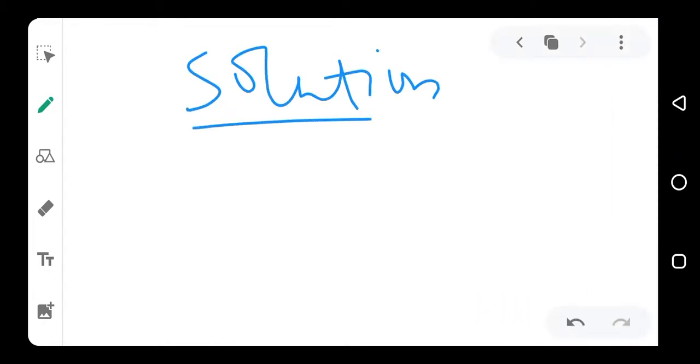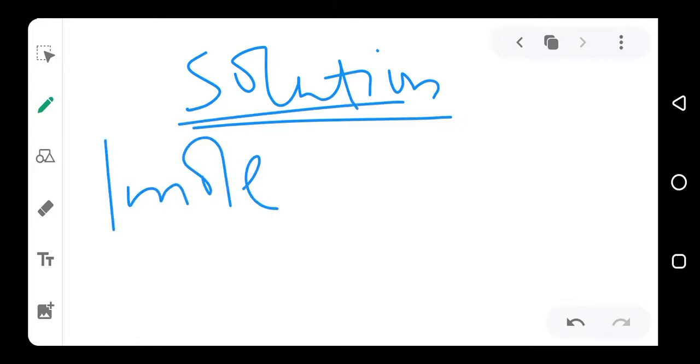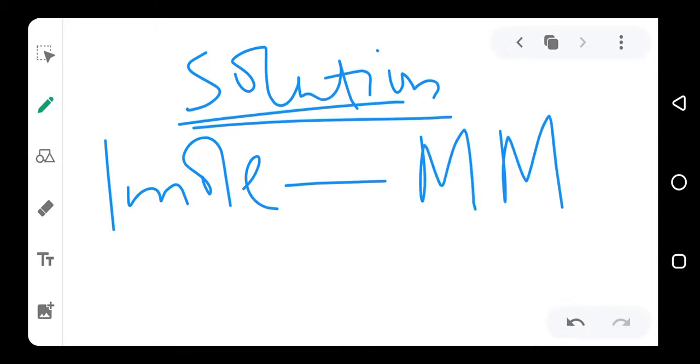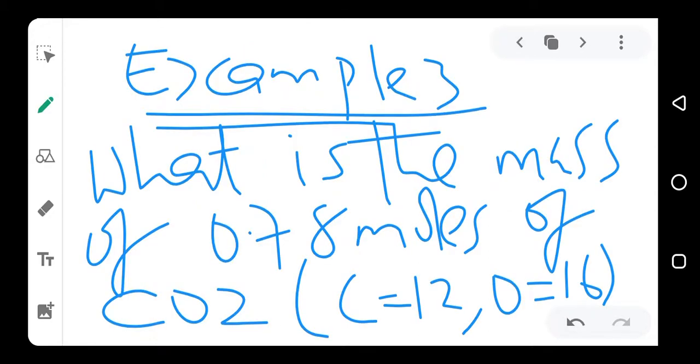Solution. We still recall that 1 mole of any substance gives us weight that is equivalent to the molar mass of the substance. Looking back at the question, what we are asked to calculate here is the mass that will be given by 0.78 moles of the substance.